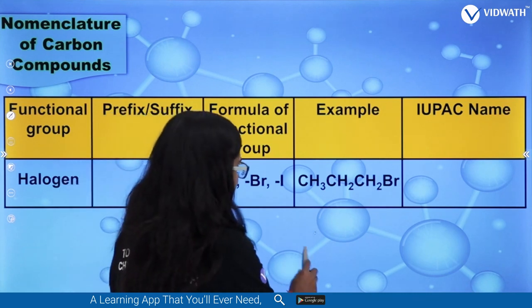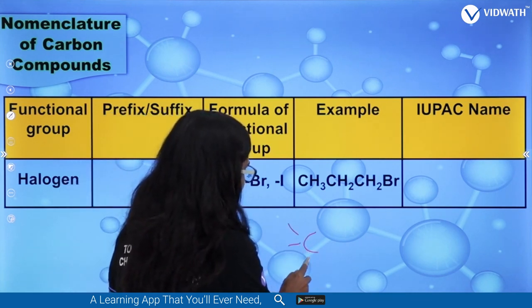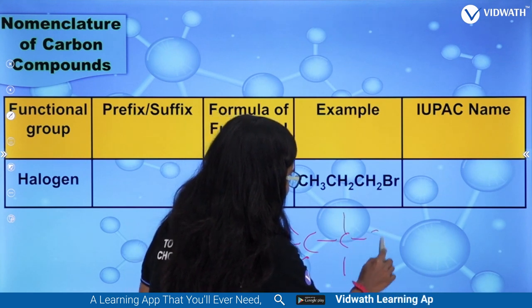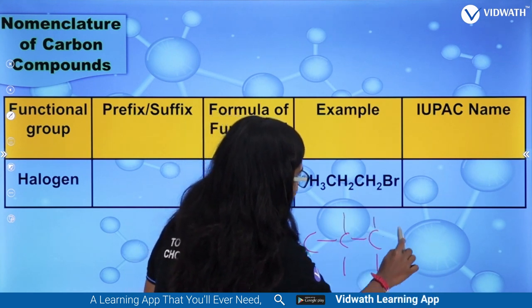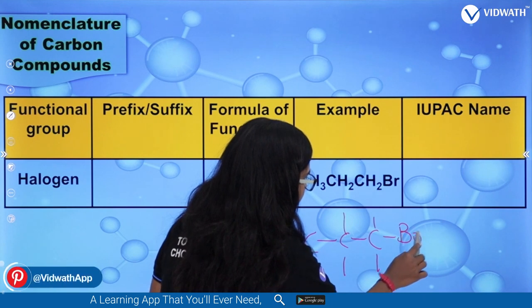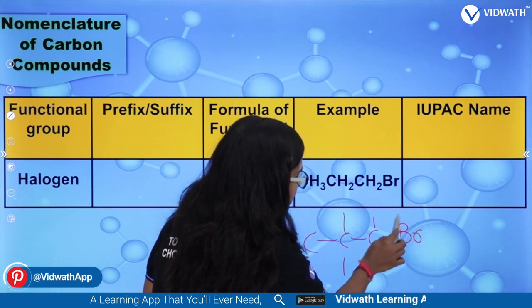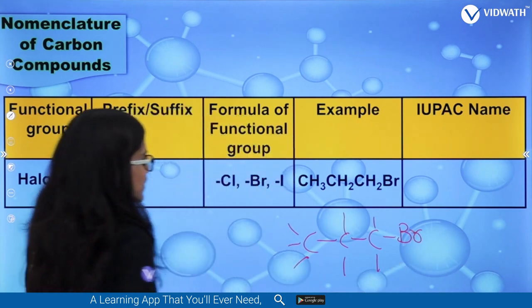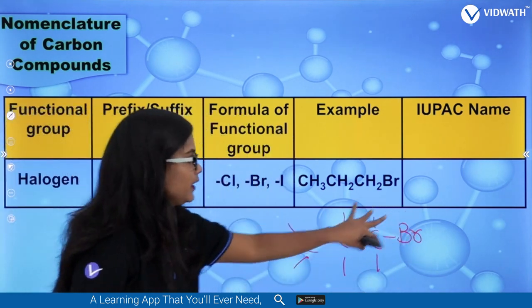So we have CH3, CH2 and CH2, and here, in the place of hydrogen, we have the bromo, that is a halogen. How do we name this one?